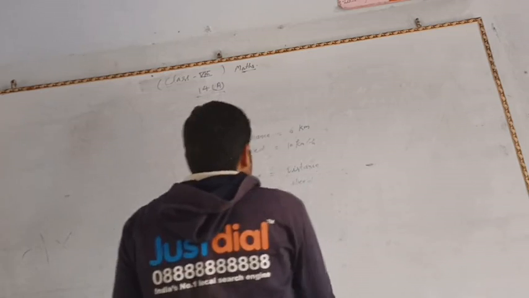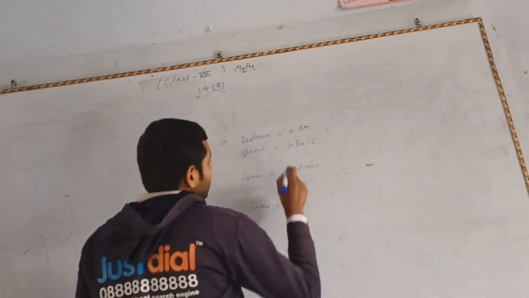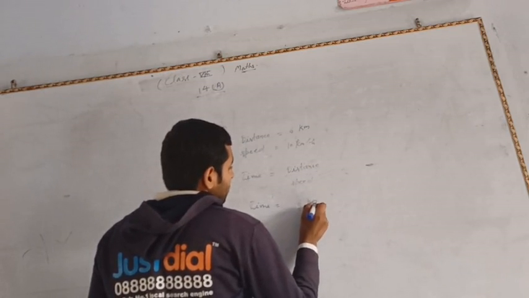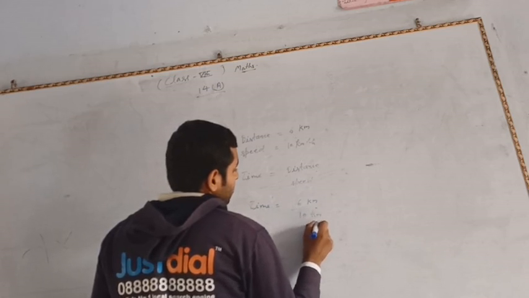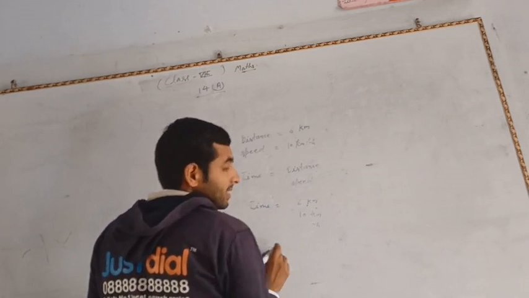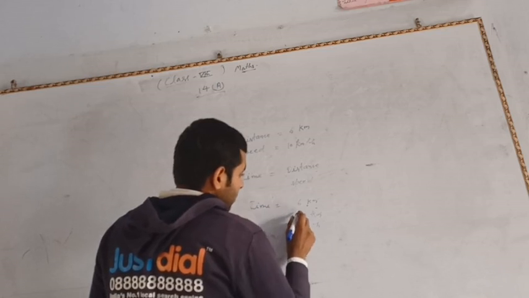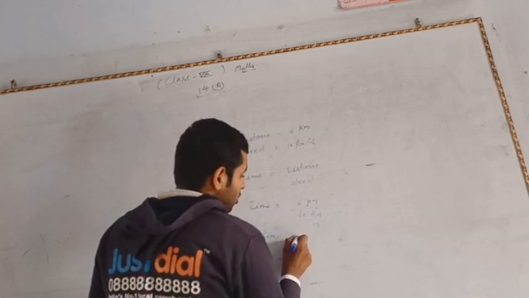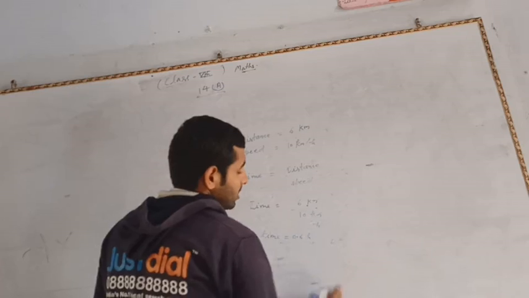From here we get time is equal to distance given that 6 kilometer, speed given that 10 kilometer per hour. Okay, so kilometer cancel. So time taken is equal to 6 by 10 is equal to 0.6 hour. This is your solution.